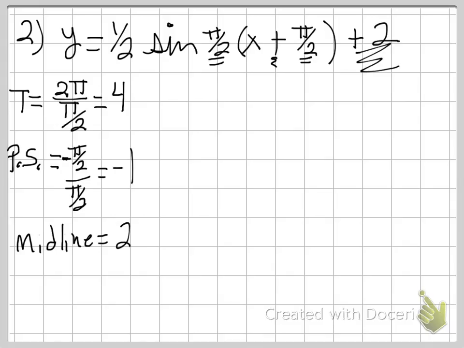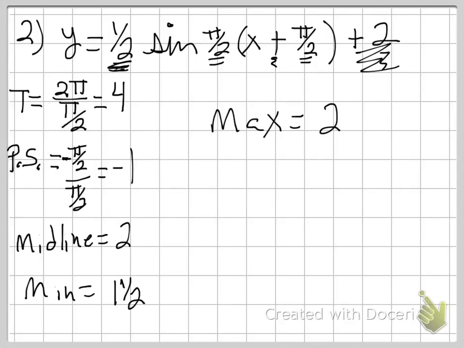That's just the constant over here. The minimum value, we take and subtract the amplitude from the midline, and it becomes 1 1/2. The maximum value is the midline plus the amplitude, which becomes 2 1/2.